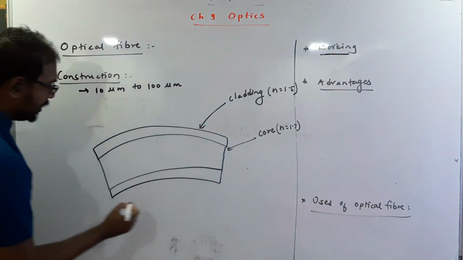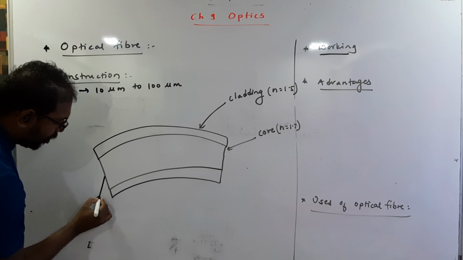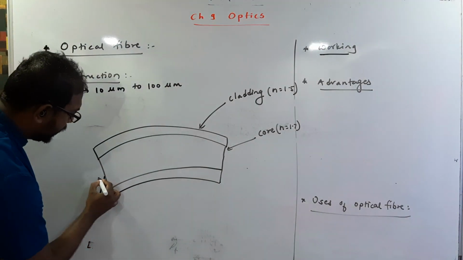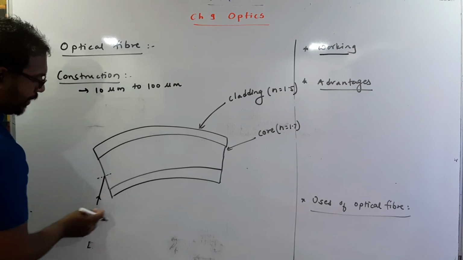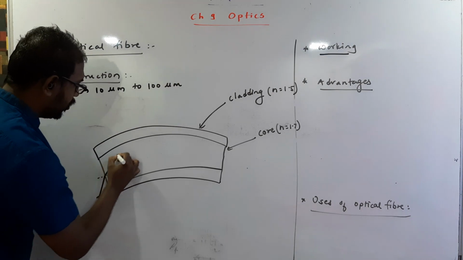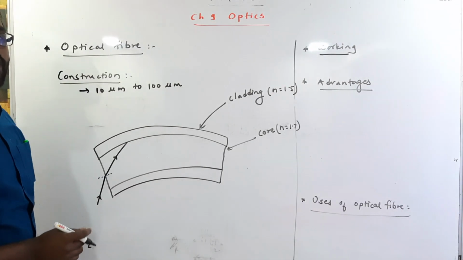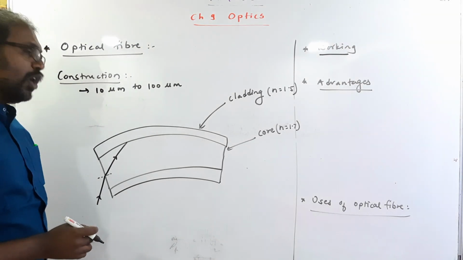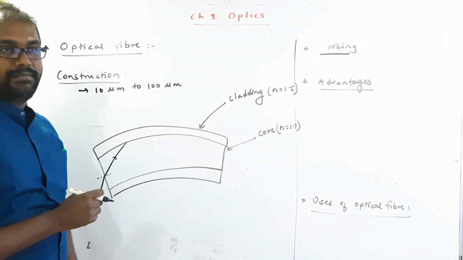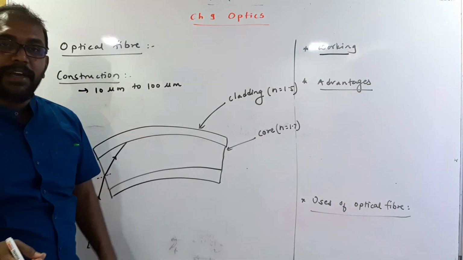When a light ray is incident at one end of the optical fiber with a small angle, it refracts. Going from rare to denser, it bends towards the normal and is incident on the wall of the optical fiber. Now pay attention, the diameter of the optical fiber is very small, 10 micrometer to 100 micrometer.